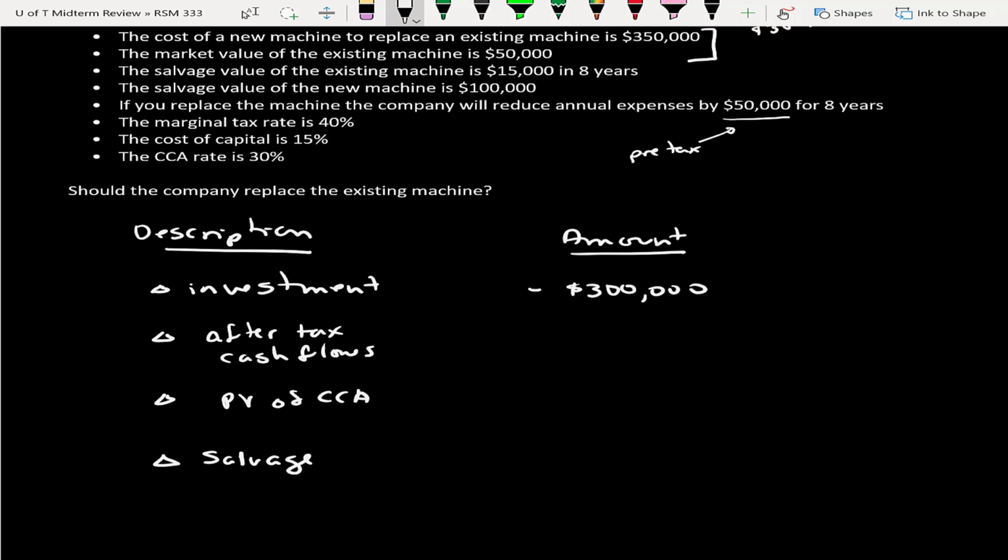These are all going to be in present value form. So this is going to be a PV of an annuity, this is the PV of a lump sum, and this is the PV of the CCA formula, that big formula that we used before.